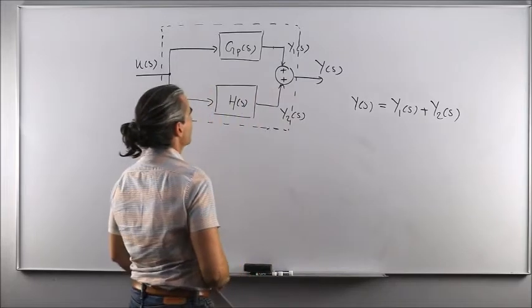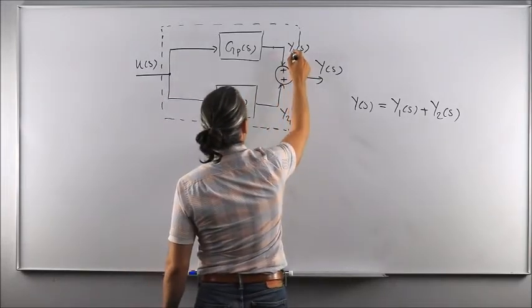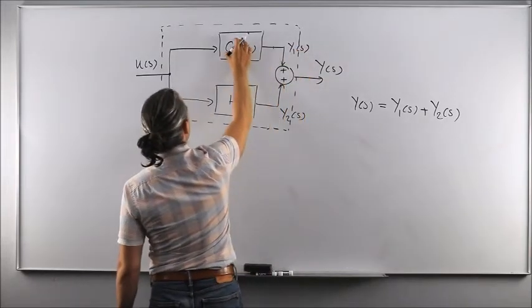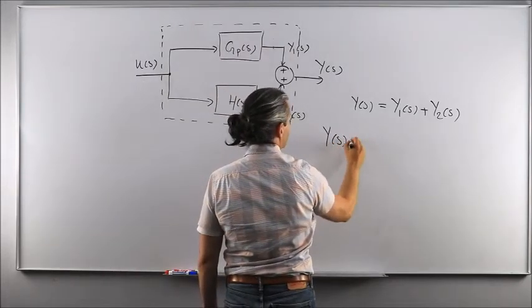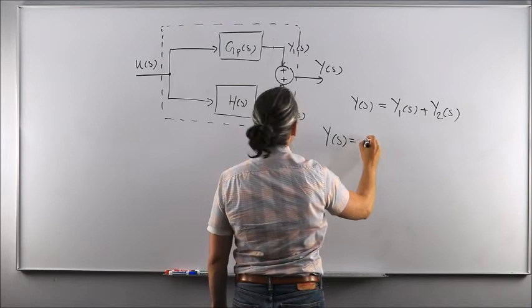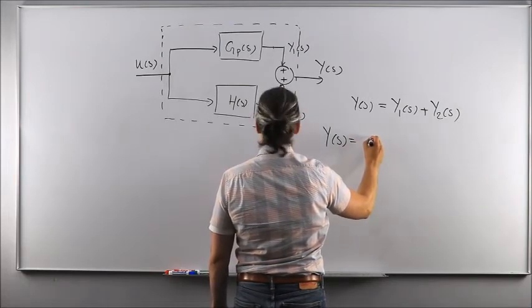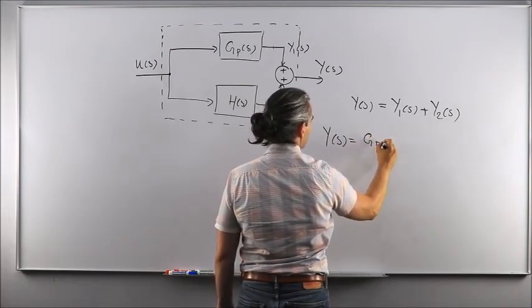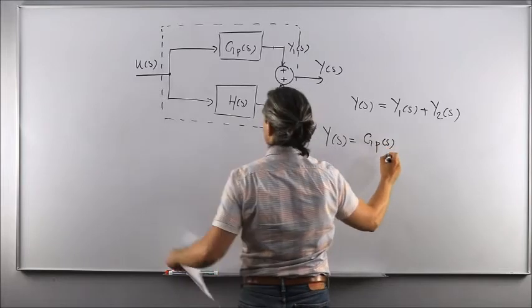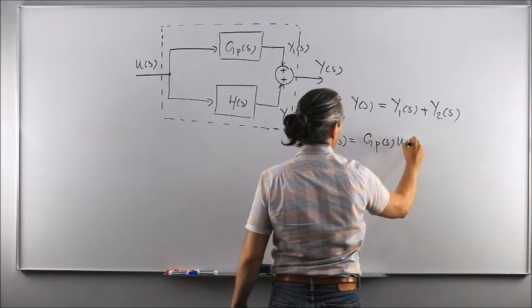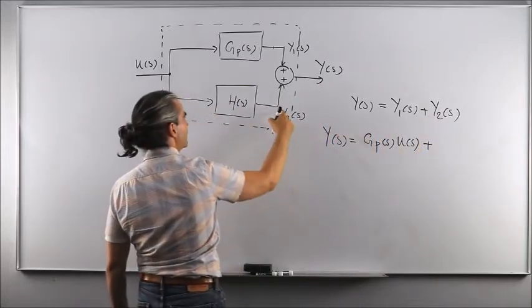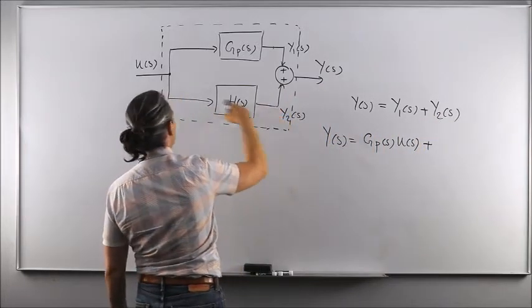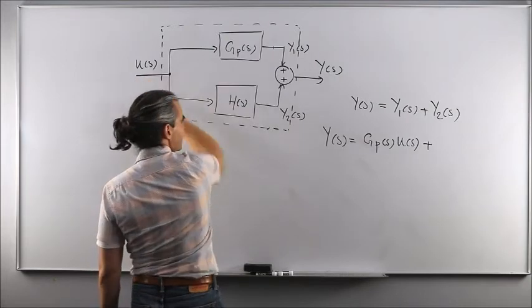Okay. What is Y1 of S equal to? Well, that would be GP times U. So let's substitute this first with the transfer function GP times U. Plus, similarly, how is Y2 obtained from U of S?